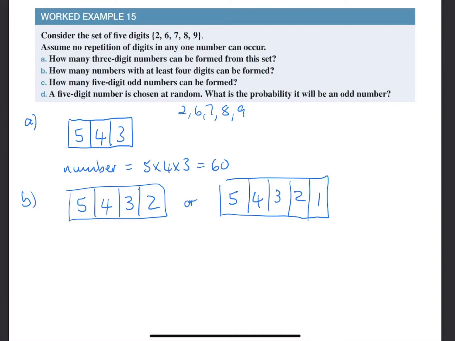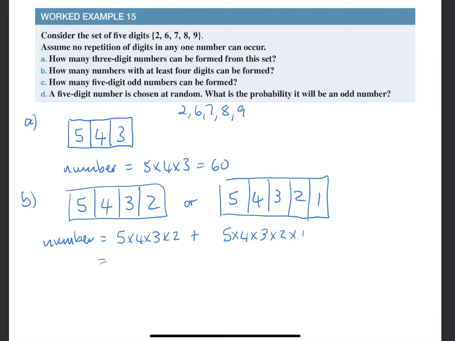Now the number equals 5 times 4 times 3 times 2, plus 5 times 4 times 3 times 2 times 1.